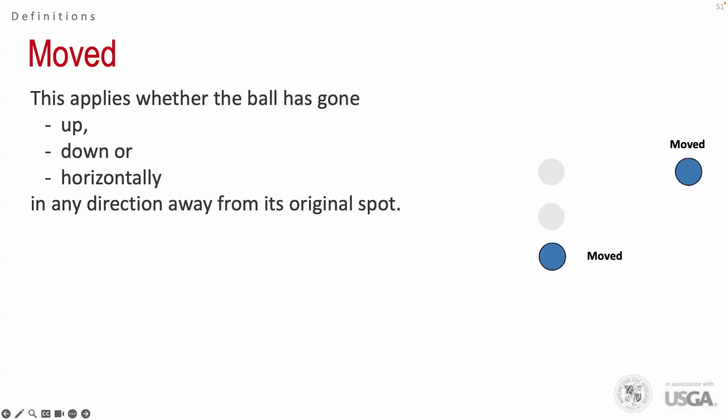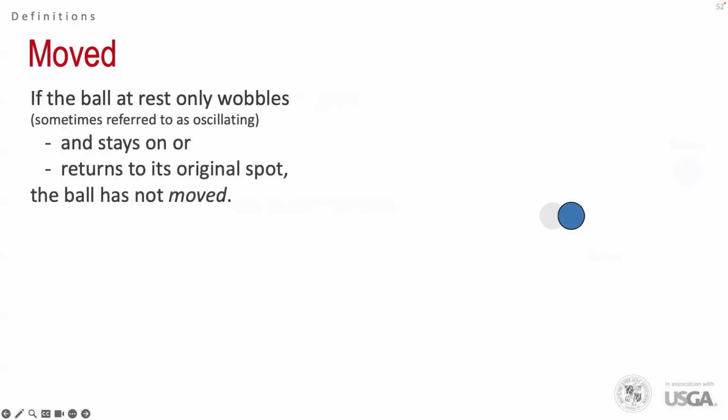Maybe it was sitting up on a clump of grass and then it sunk down, which means it moved down, so the ball is also considered moved. If a ball at rest only wobbles, sometimes you might hear the word oscillating, or just jiggles around, but it stays on and returns to its original spot, this means the ball has not moved.